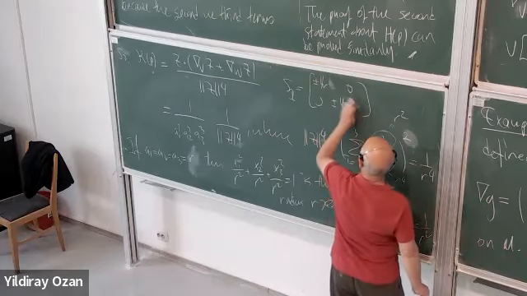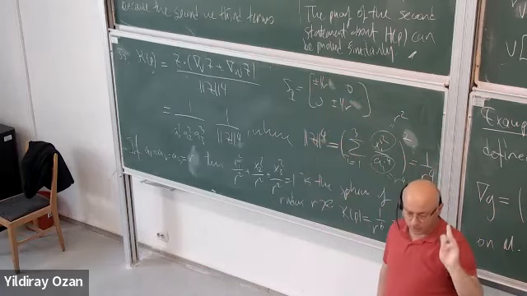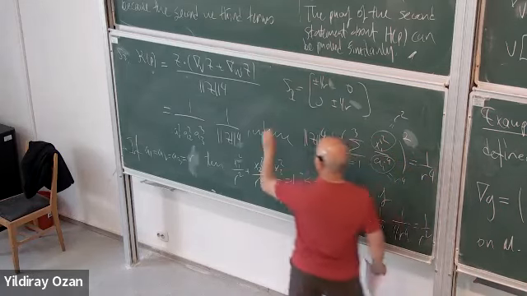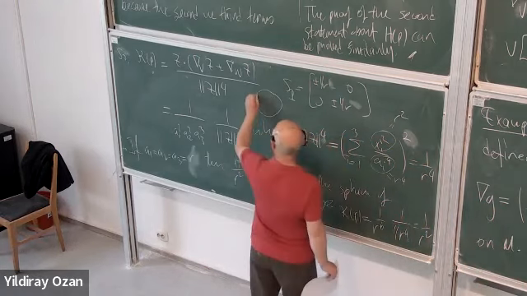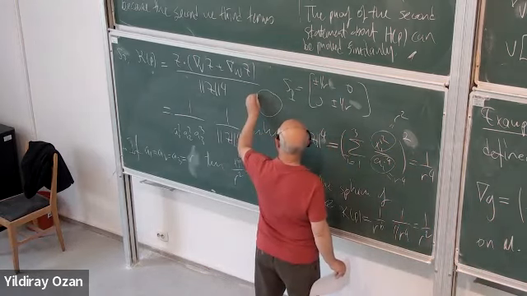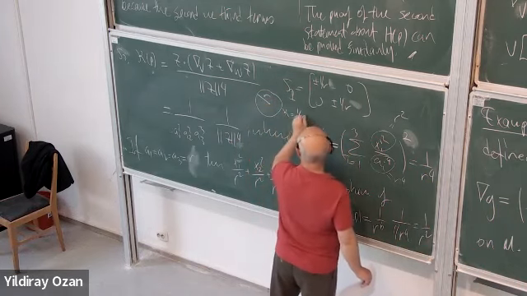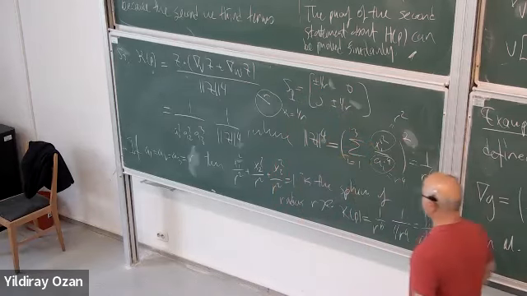For any circle of radius r, its curvature is 1 over r. Yes, not 1 over r squared, right? If you have a circle of radius r, its curvature is 1 over r. So if this is 1 over r, therefore these are 1 over r's. The determinant is 1 over r squared.